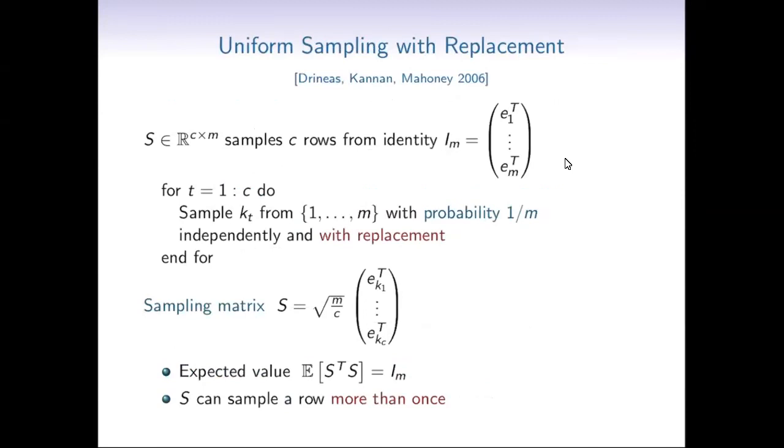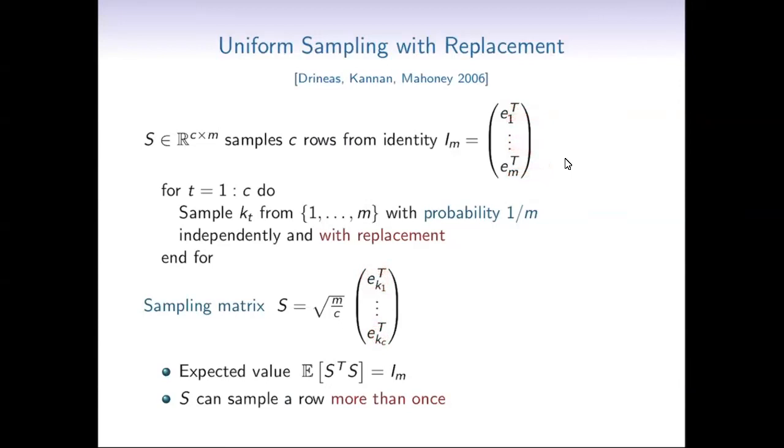So we have our sampling matrix. So out of m rows, this is the identity matrix. It has m canonical vectors. And we want to pick c of those for our sampling matrix. So our sampling matrix consists of c rows of this identity matrix. And how to determine which rows?